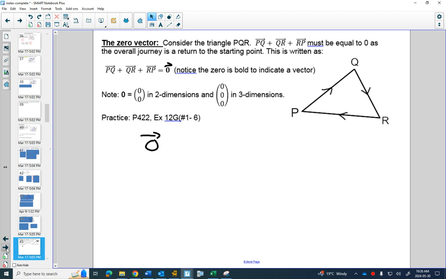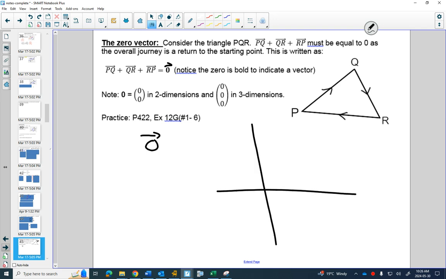So if you go from P to Q, and then Q to R, and then back from R to P, right? Or we can make the zero vector kind of funny, right?